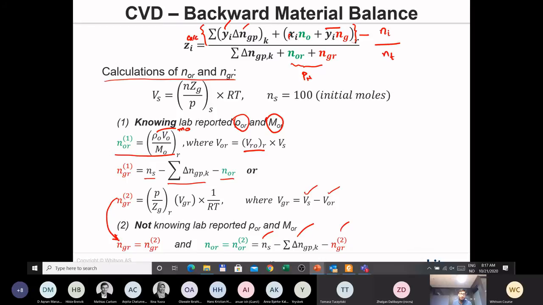So we will do an exercise on this CVD backward material balance and try to apply these equations. I think it will be more clear with the exercise.